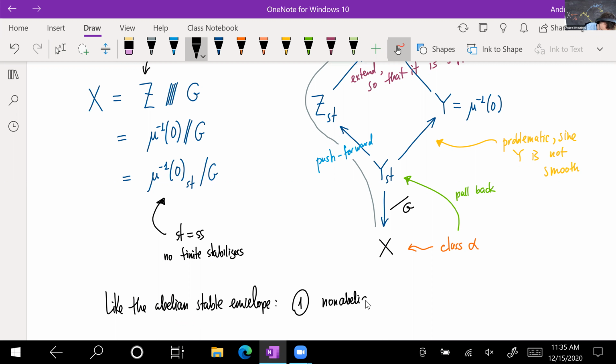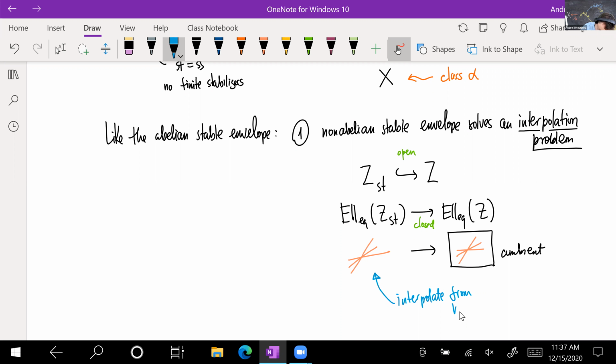That's clear. Also, it means we interpolate to the ambient space.